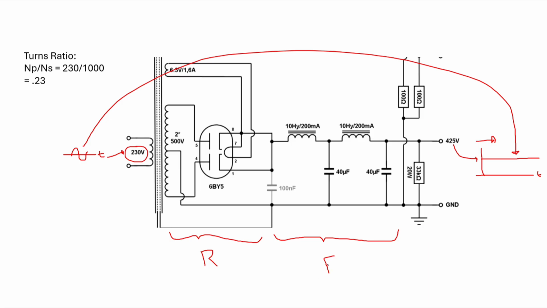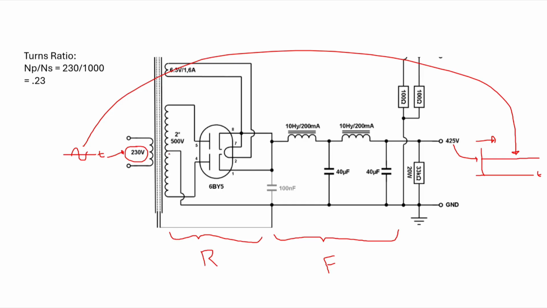So to get from here to here, we need rectification plus filtration. Both. That's the key. I'll get into a little bit about the filtration, but we don't need to concern ourselves with that today. The key is rectification. We kind of went through this before, but let's go through it again.